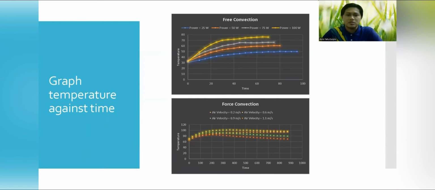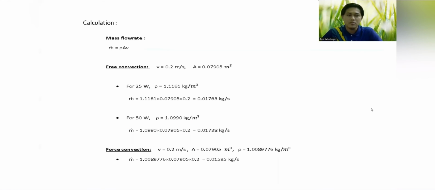The first is the graph of temperature against time for free convection, and the second is for forced convection.